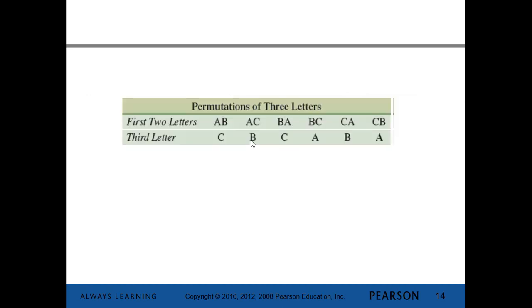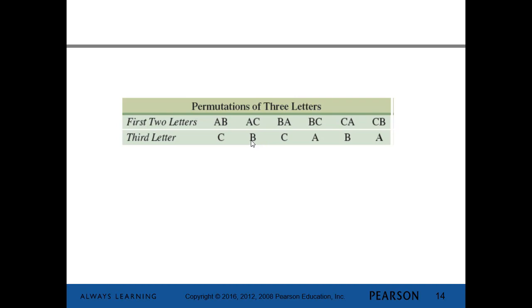So now, let's take a look at this one. Okay, so we want to know the permutation of 3 letters. Okay, so how do we do that? So let's think about this.